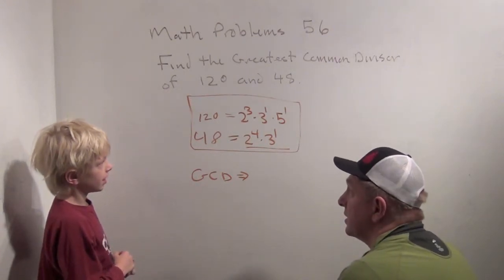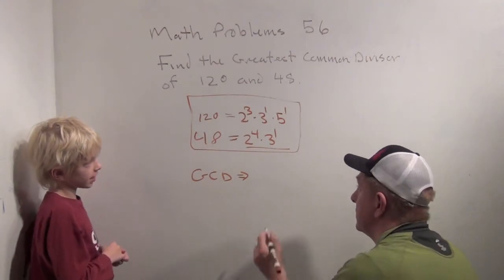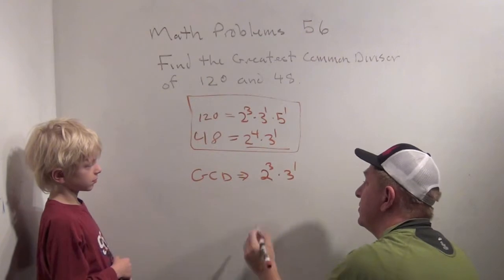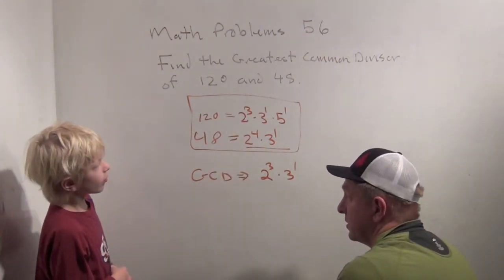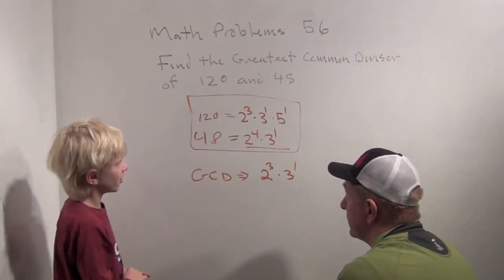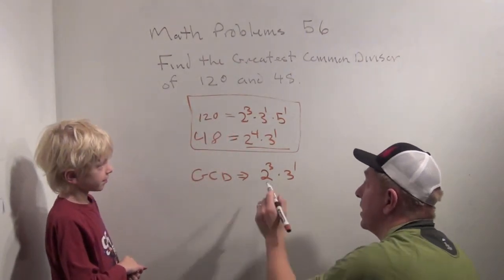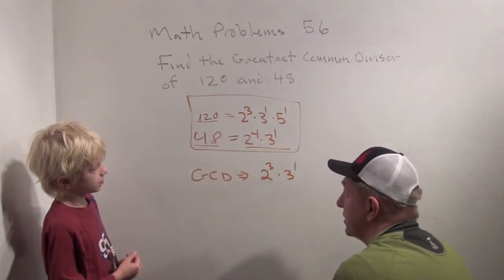Okay, and it looks like it's going to have a 2 cubed and a 3 to the 1. Now how did you know 2 cubed goes into both of these numbers? Well, because you have a 2 to the 4th here, and you have a 2 cubed there. So 2 cubed definitely goes into this number. How do you know 2 cubed goes into 48?